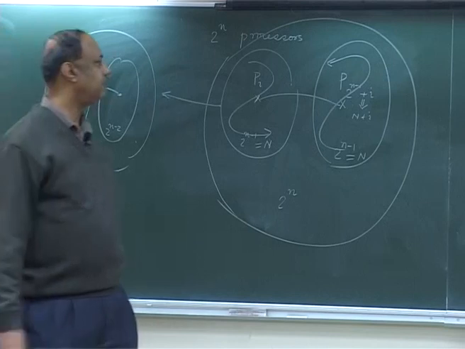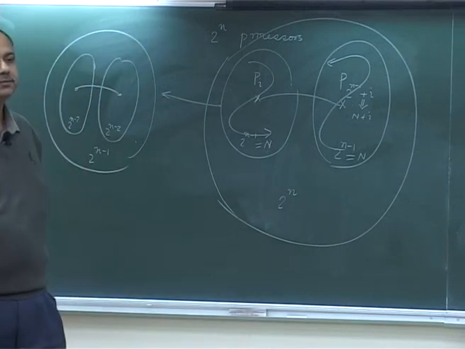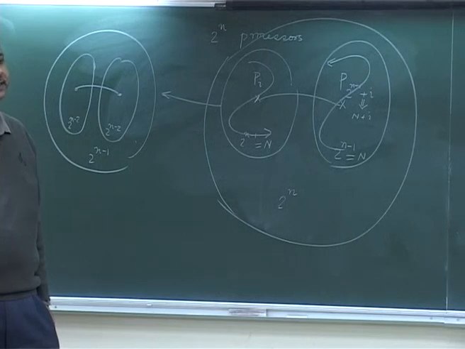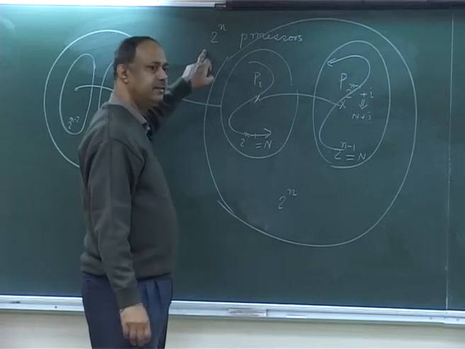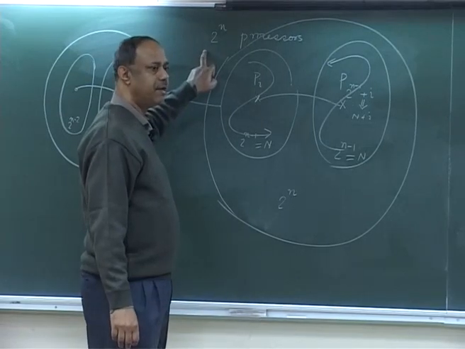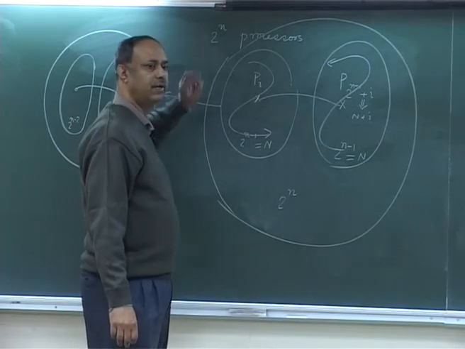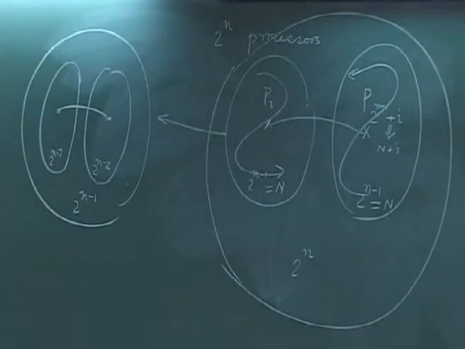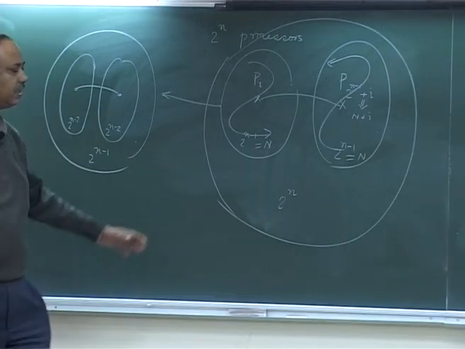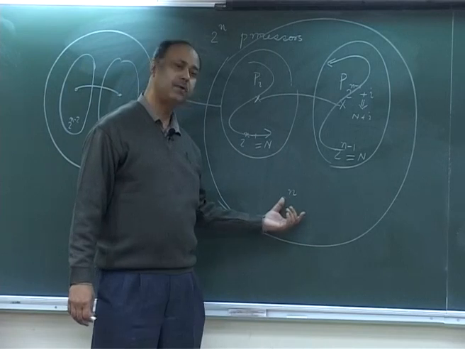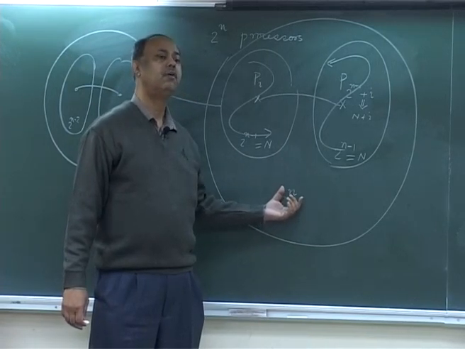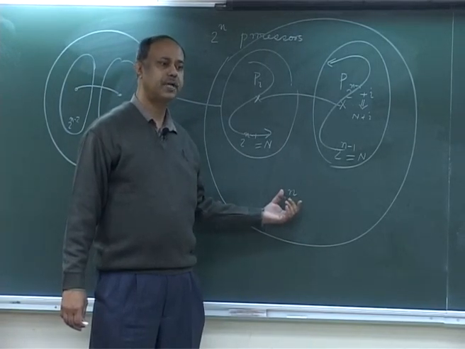So, in order to do that, what should be the time complexity for merging a bitonic sequence of size 2 to the power n on a hypercube of size 2 to the power n? Tell me, is it a difficult proposition? This is clear, right? Yes or no? This is a bitonic sequence of size 2 to the power n on a hypercube of size 2 to the power n.